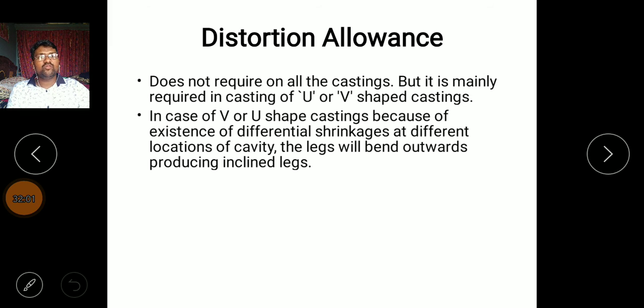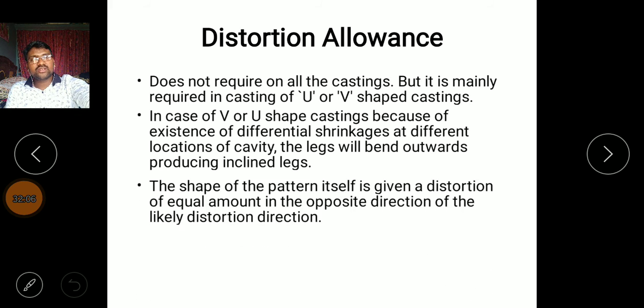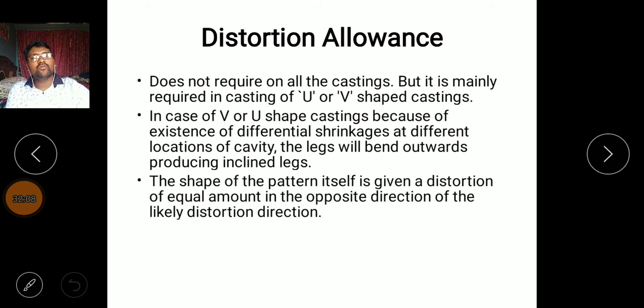The legs will bend outwards, producing inclined legs, and in some cases inwards. The shape of the pattern itself is given a distortion of equal amount in the direction opposite to the likely direction.